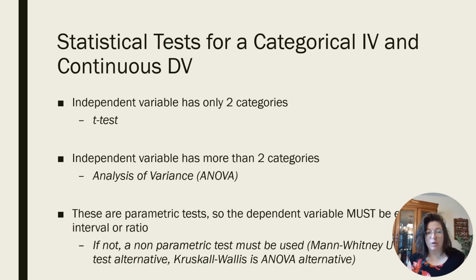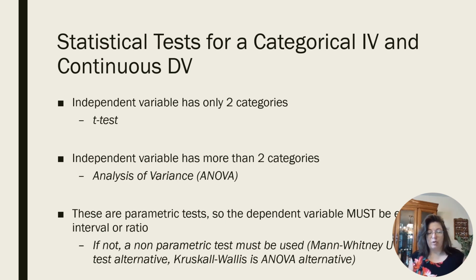So we want to make sure that for all of our gender categories, our dependent variable, say number of pets owned, is going to be normally distributed for males, females, and non-binary individuals. So you have to check it at each level, and I'll show you how to do that in SPSS.